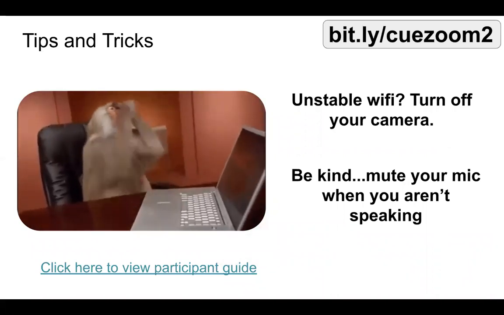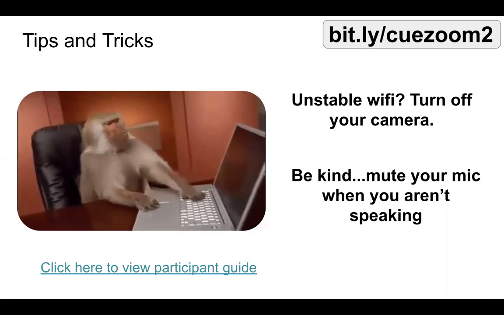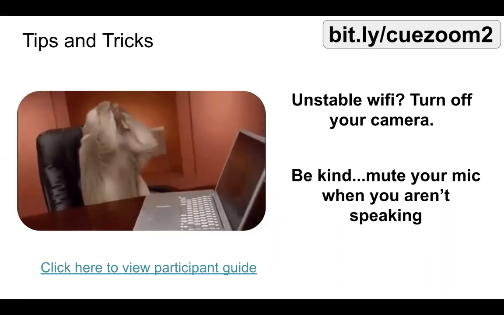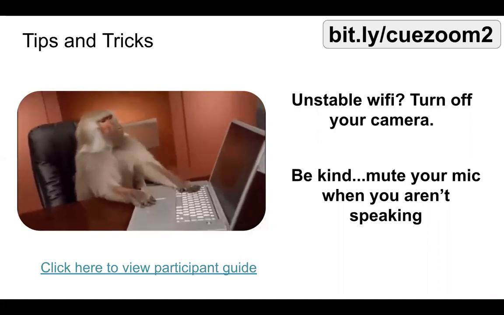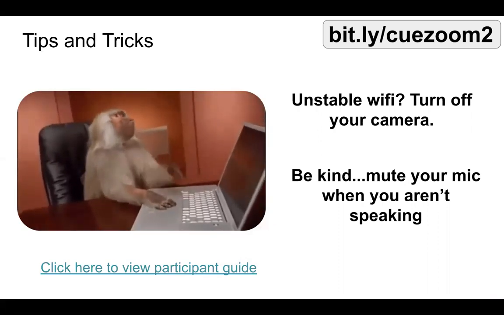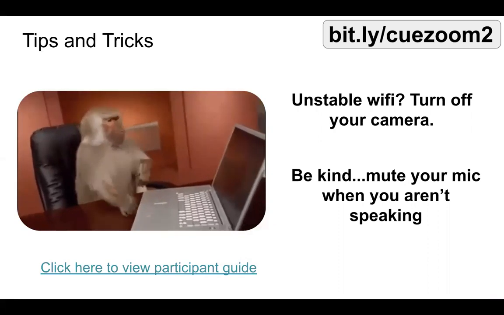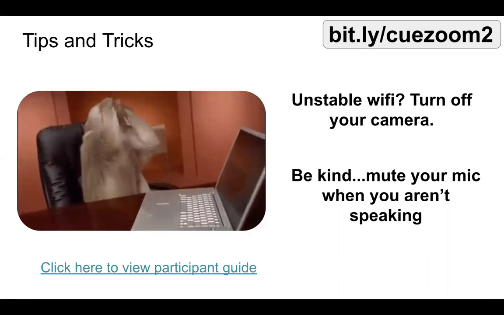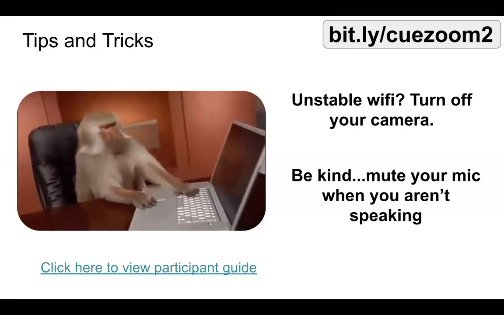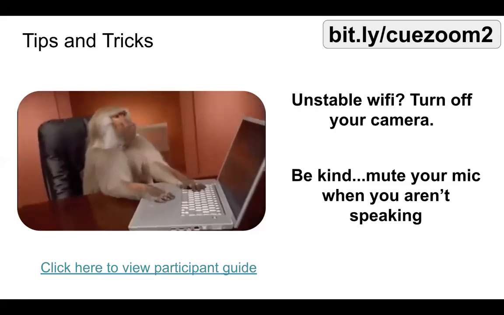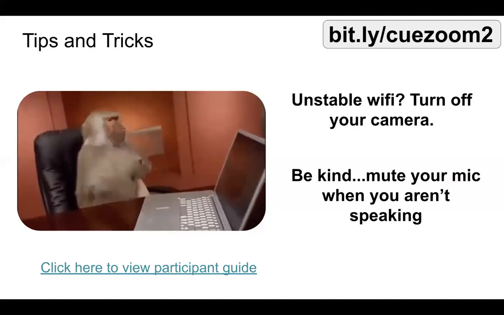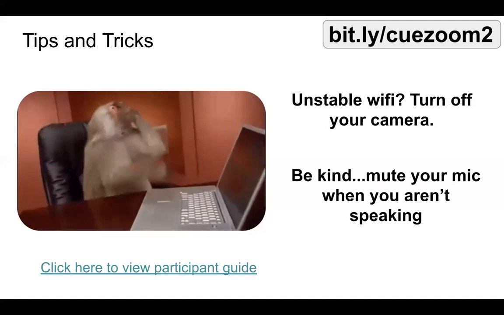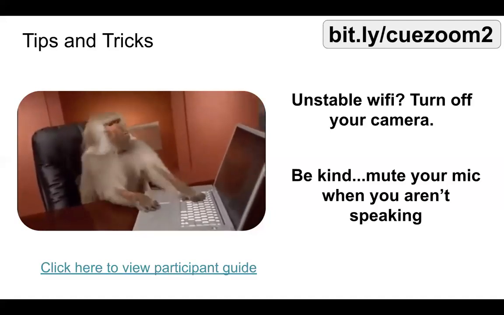Most of you probably already know this. You are all pretty veteran Zoom participants, but here are some things to remind your participants of as you begin facilitating Zoom meetings. If your Wi-Fi is unstable, turn off your camera, that way you are using less bandwidth and the video and audio come in a lot better on their end. Always remind them to be kind and mute their mic when they're not speaking.